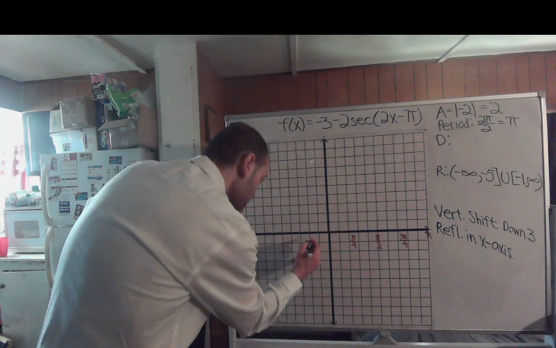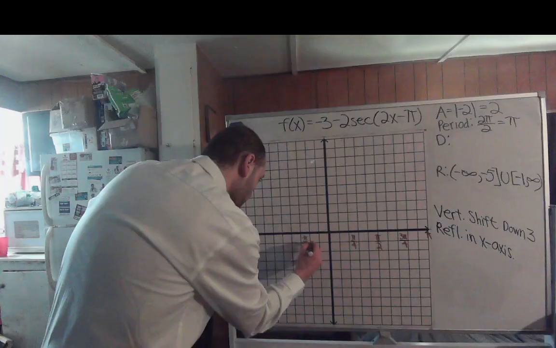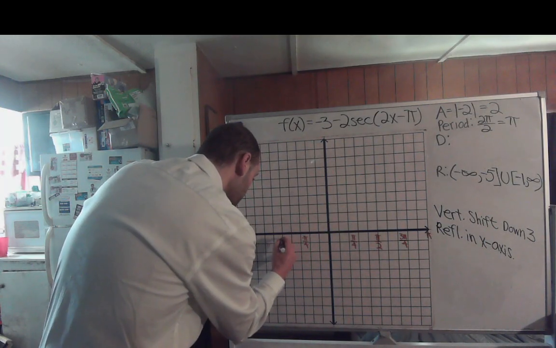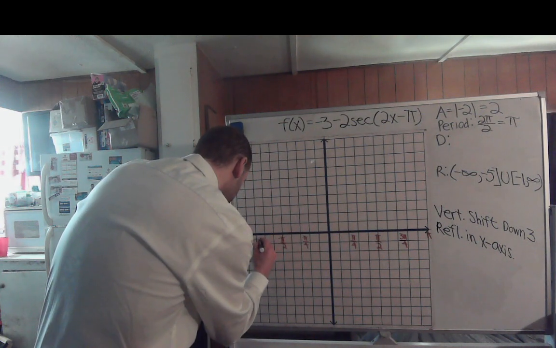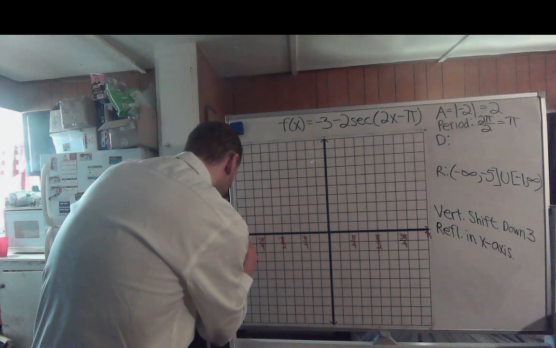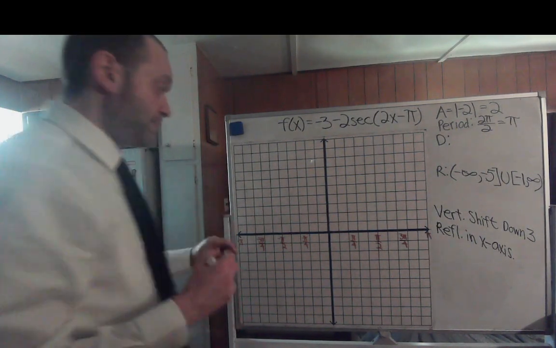Here's pi over 2. Here's pi over 4. Negative pi over 4. Negative pi over 2. Negative 3 pi over 4. And then negative pi.